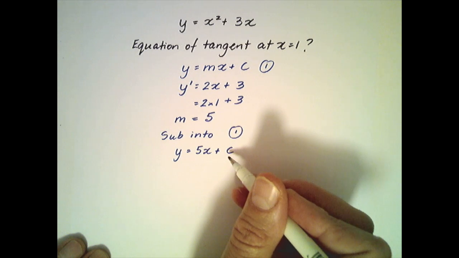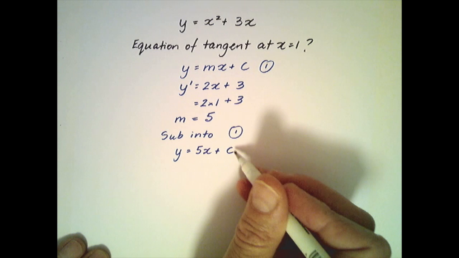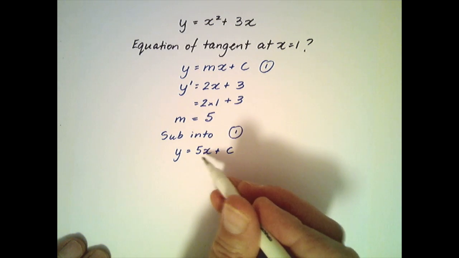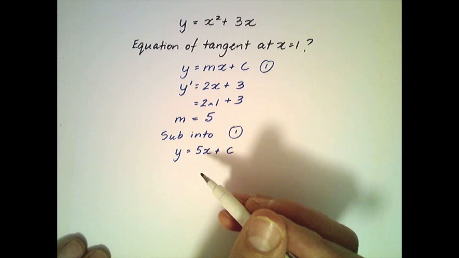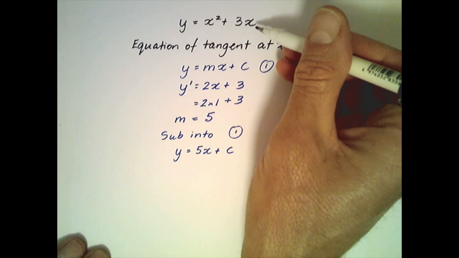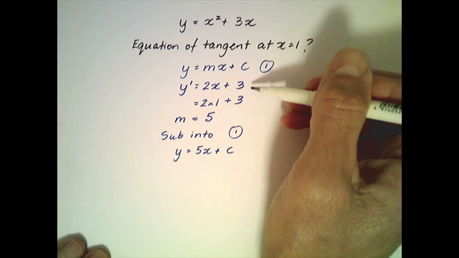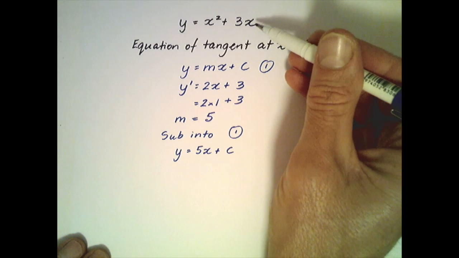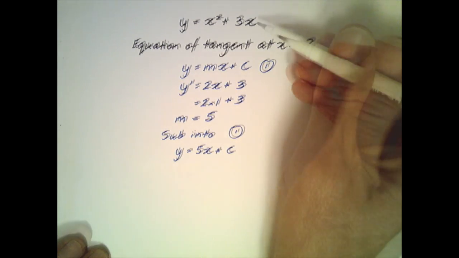Now we need to determine the y-intercept for this equation of the tangent. And the best way to determine the c value is to substitute a point, in other words, an x and a y value. Now to determine the point, what we need to do is go back to the original equation, because this equation gives us points, this equation of the derivative gives us gradients. So if we substitute x equals 1 here, we'll find the y value of the point where the tangent meets the curve.